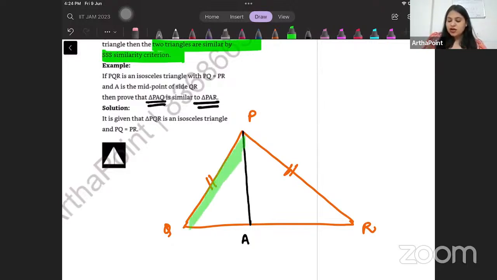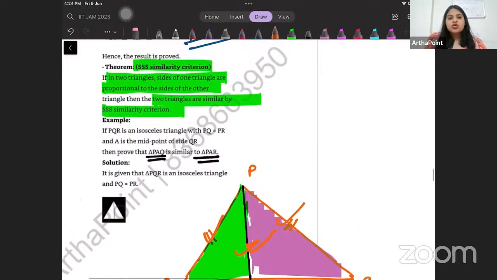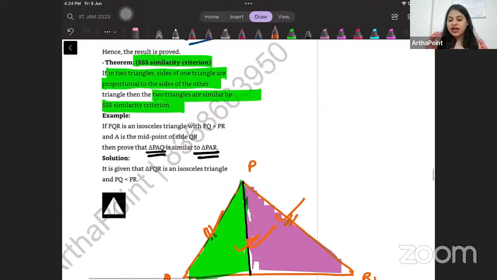In triangle PAQ, and in triangle PAR, can you see that one side is equal, one side is common? So beta, two sides are equal, right? So if the sides of one triangle are proportionate to the sides of the other triangle, the triangles are similar to each other.